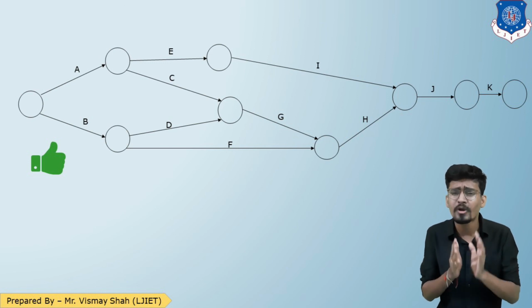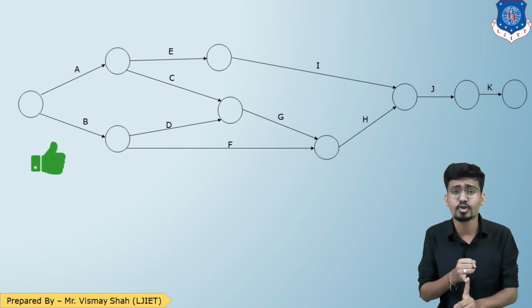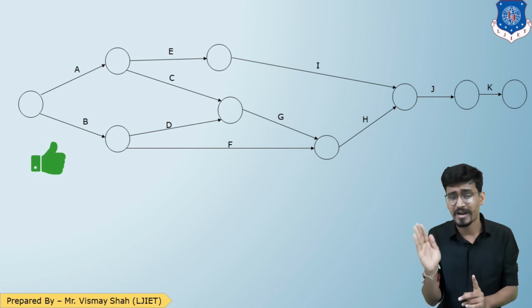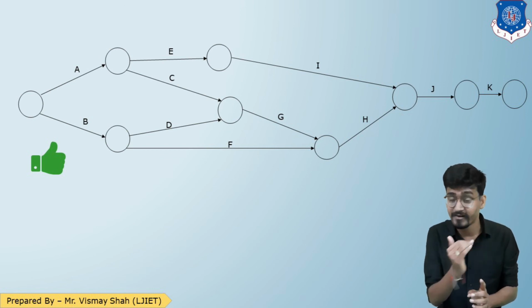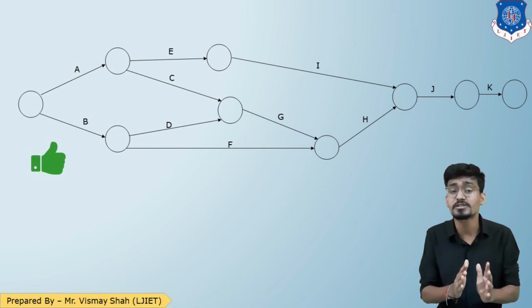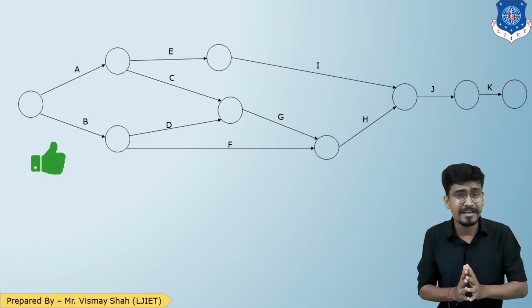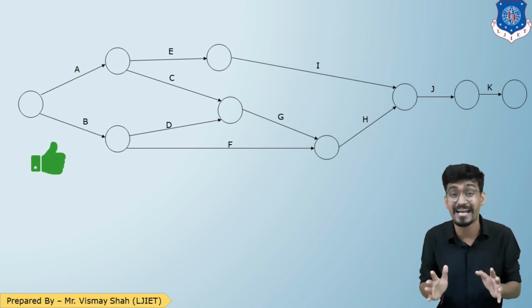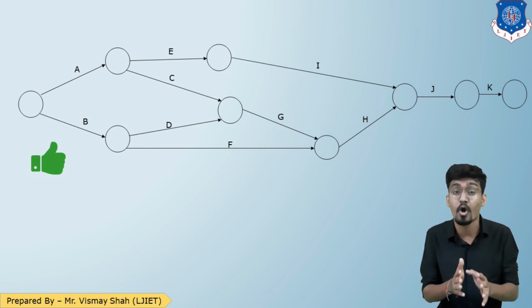You have to only focus on the rules: starting should be one event, ending should be one event, there should be only a left to right path, and there should be no reverse or looping of the path. These are the rules you have to remember. You don't have to manage the shape of the network so that it looks decent and nice. You are not here to draw a nice network. You are here to draw the correct network.